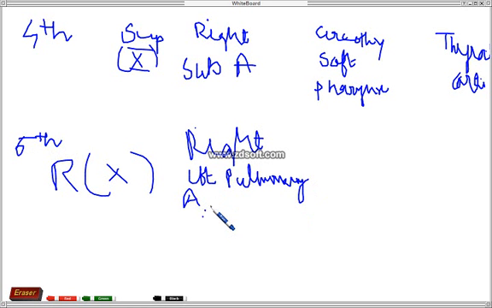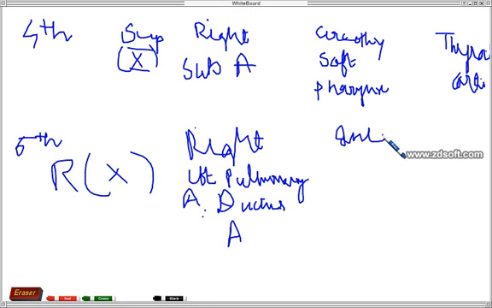All the intrinsic muscles of the larynx except cricothyroid are formed by your sixth arch, because cricothyroid is formed by the fourth arch.